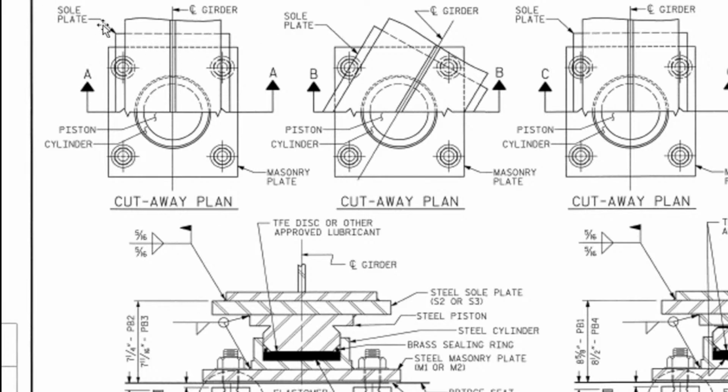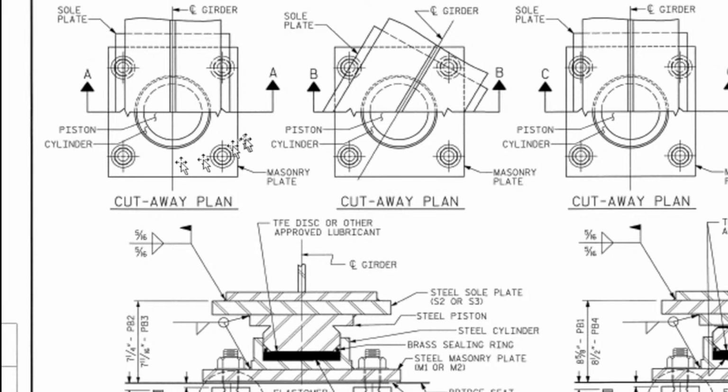We already discussed the sole plate on the bearings during our explanation of the different parts of the superstructure, and when we discussed the bearing, we covered the different types and the parts of the bearing itself. So sole plate, girder, center. What is the location of the bearing? This must be the piston type bearing.